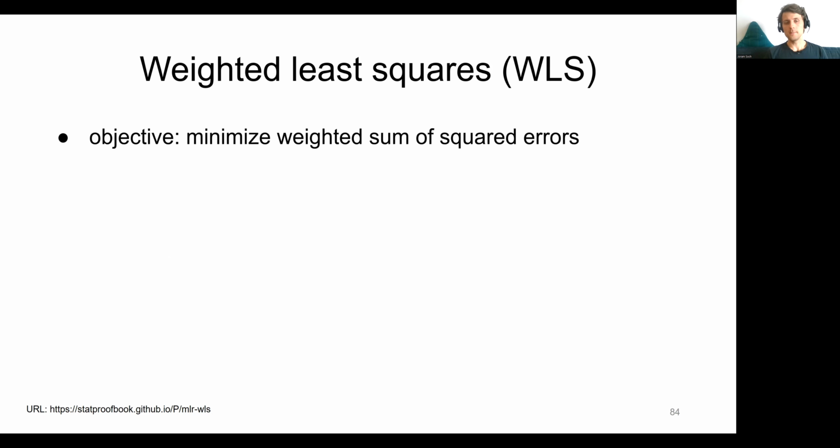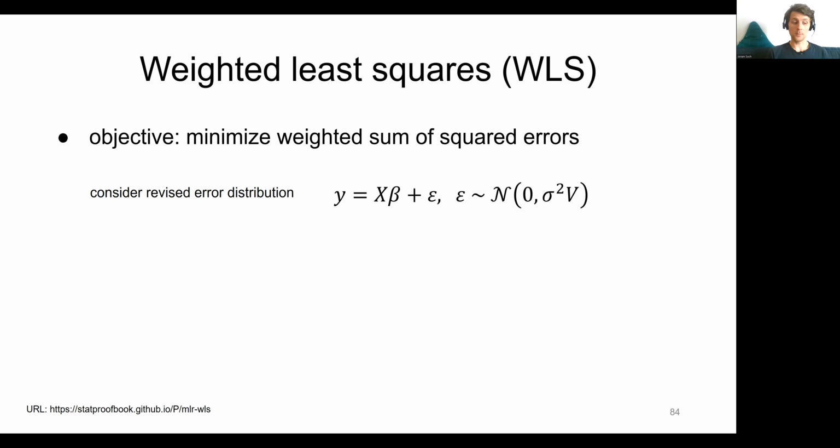Remember that when we noticed that fMRI scans are usually serially correlated such that our IID assumption does not hold, we came up with a revised distribution of the errors, which said that the covariance of the errors is not a scalar multiple of the identity matrix, but a scalar multiple of another matrix V, which consists of several variance components, one corresponding to the white noise part and one corresponding to the colored noise part, which includes the autocorrelation of the fMRI signal.